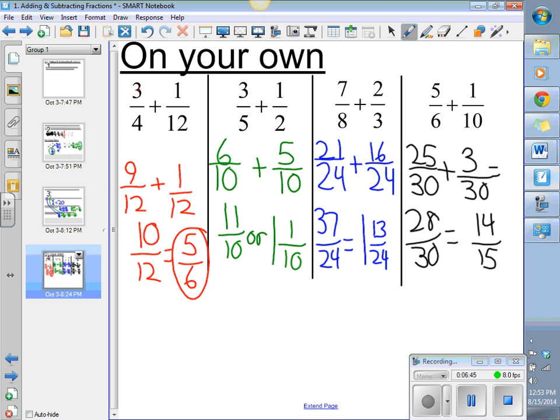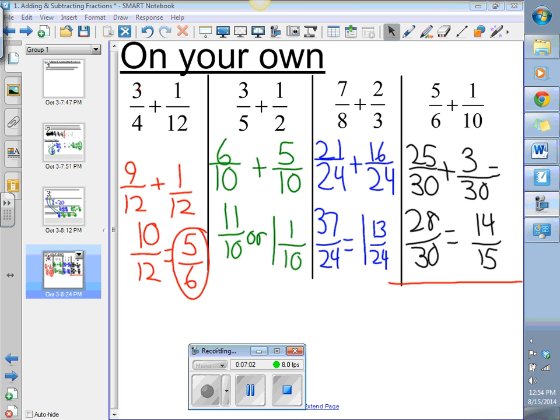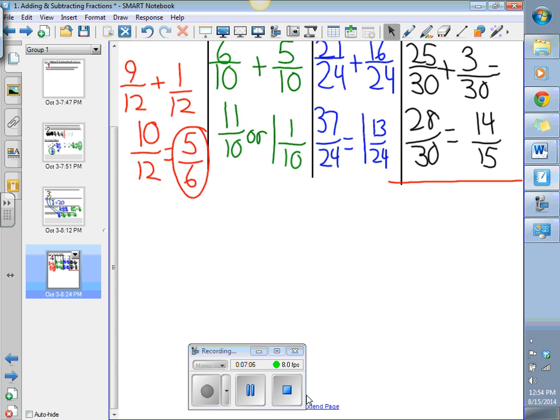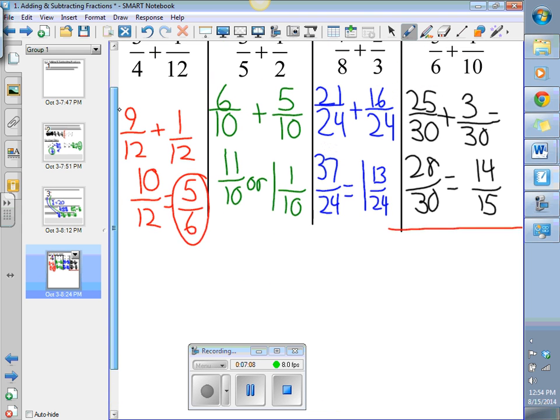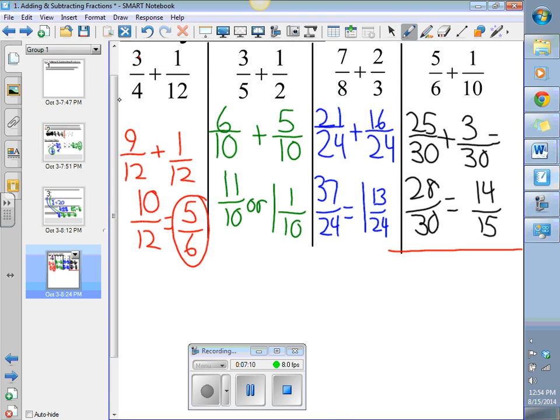Now regarding this last problem, if you don't see off the bat that 6 and 10 both go into 30, you can always multiply them together to get a different common denominator. It still works. We're just going to have to go to lowest terms at the end. So let's say we do 6 times 10.